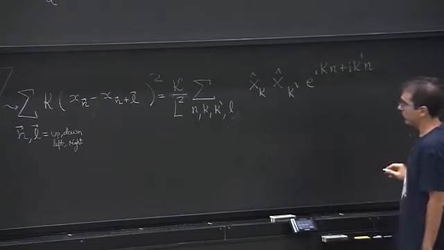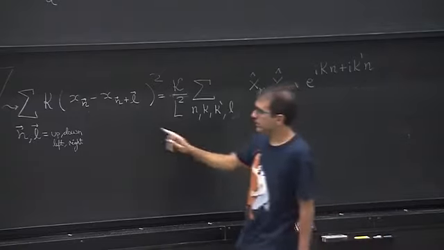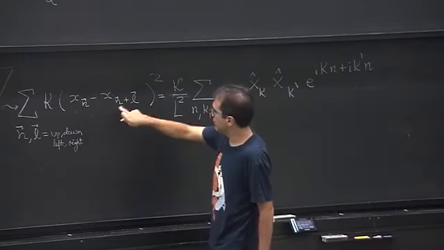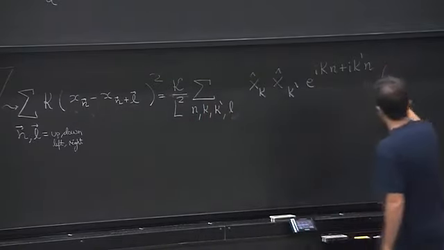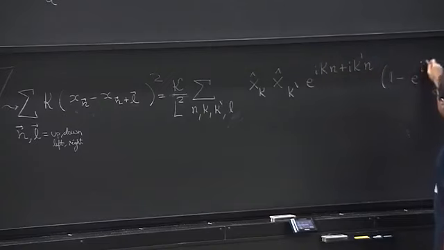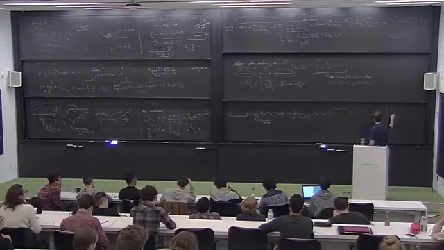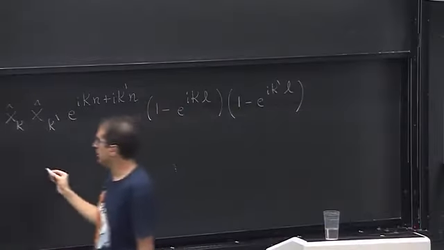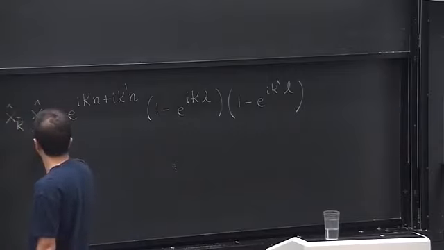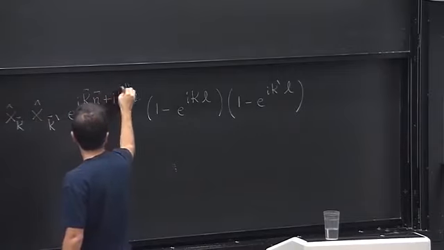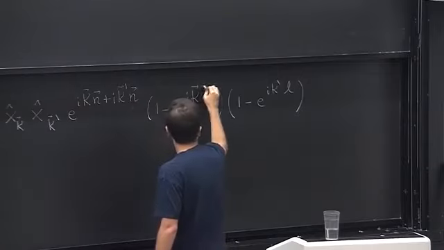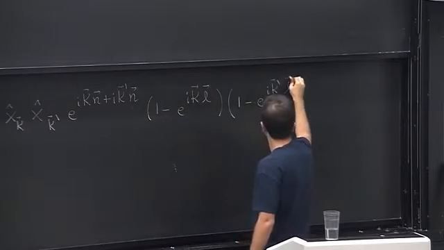This term is common to both. But now let's fix what is missing, which is this term minus this term shifted by L. That gives 1 minus e to the i k L, and from the other, 1 minus e to the i k prime L, where all these k's are vectors, so let's put vector everywhere.